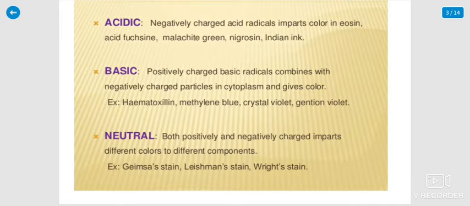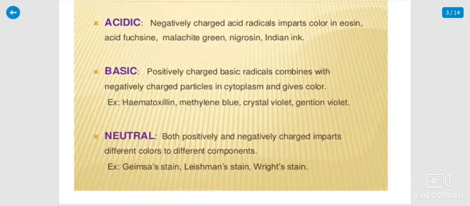For example, hematoxylin, methylene blue, crystal violet, and gentian violet. Neutral stains are also available, which have both positively and negatively charged components and impart different colors to different components.